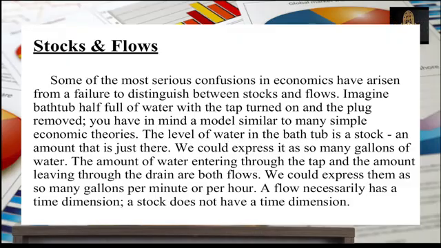We could express it as so many gallons of water. The amount of water entering through the tap and the amount leaving through the drain are both flows. We could express them as so many gallons per minute or per hour. A flow necessarily has a time dimension. A stock does not have any time dimension.